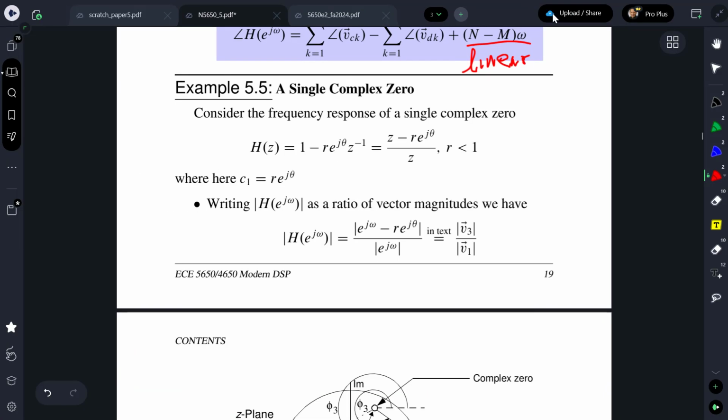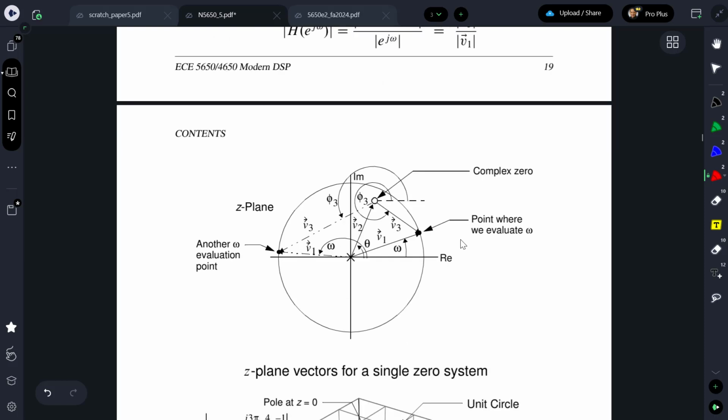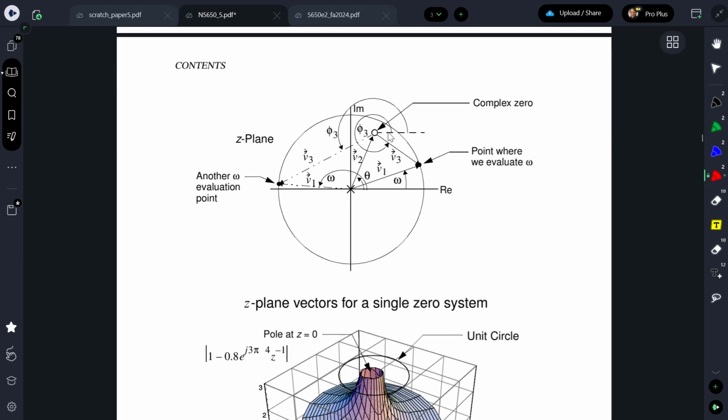So it's the magnitude of vector v3 in the notation of the book and v1. And in the book's example, they place the zero arbitrarily, and then there's a pole at 0.